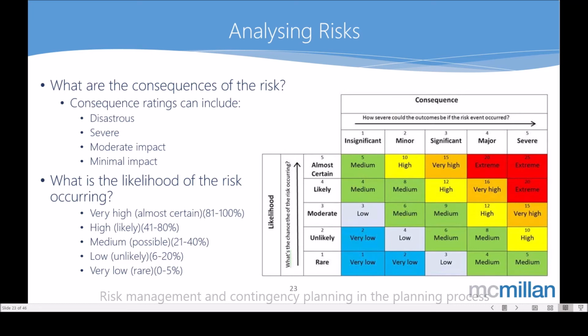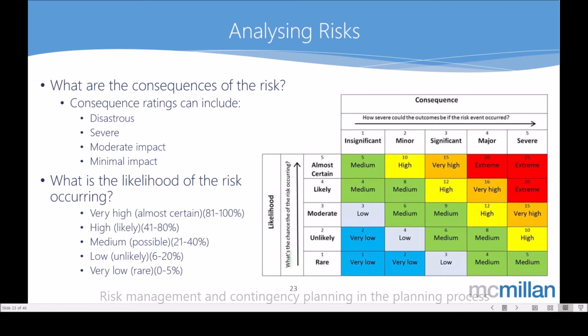You can use tools such as your standard risk assessment matrix, such as this, to determine whether you think the assessment of the risk is extreme, high, low, or very low. And that's a combination of the two factors I was talking about.